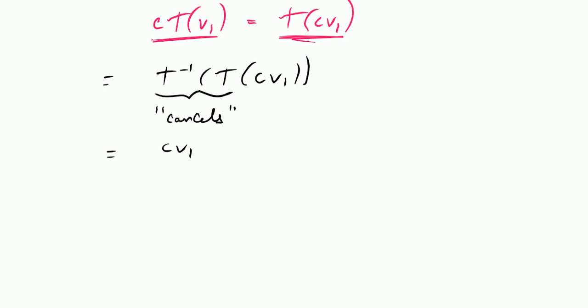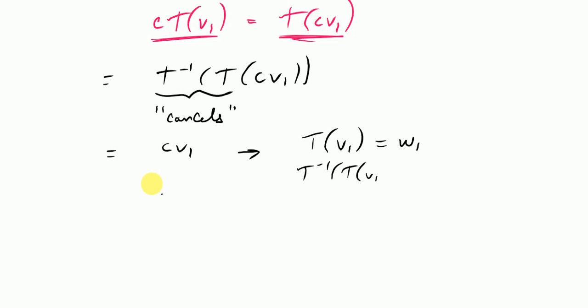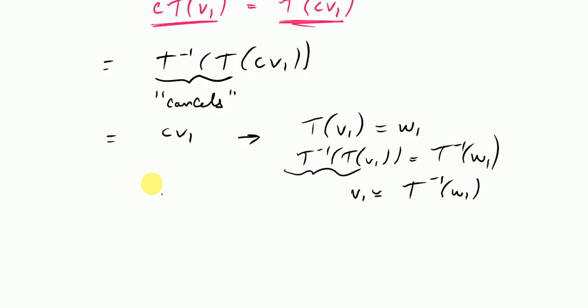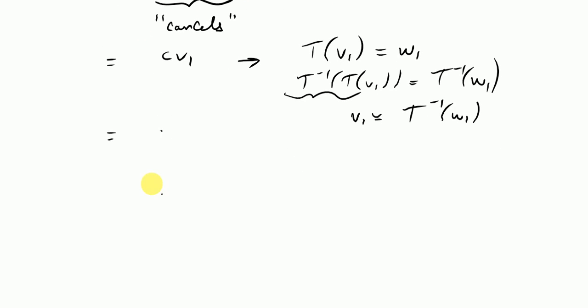So CV1, I'll go over this again: because TV1 is equal to W1, I can just take the inverse on both sides, and then this again does nothing, so I get V1 is equal to T inverse W1, and then this will give me C times T inverse W1.